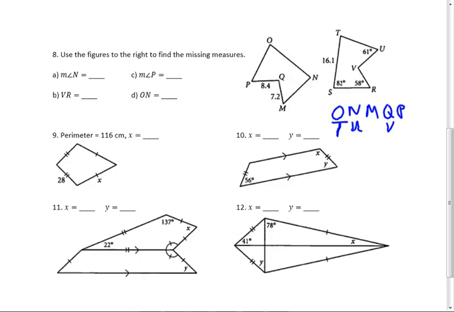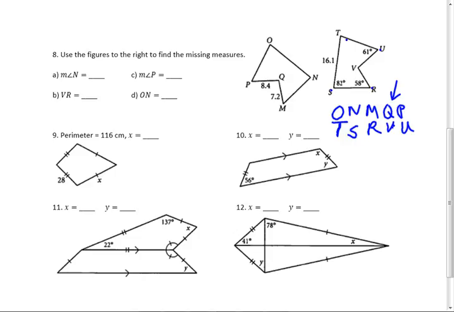R goes, O, N, it goes T, S. That's what it is. They don't really tell you. R, V, I had to get that one lined up. And then P goes with U, right? T, S, R, V, U. There we go. So now you know how big angle N is.